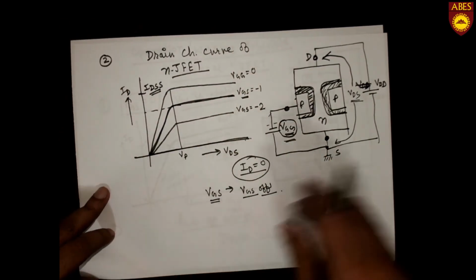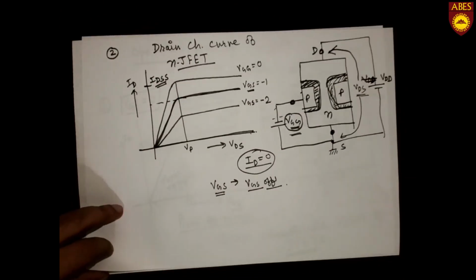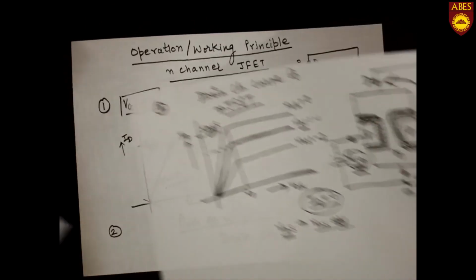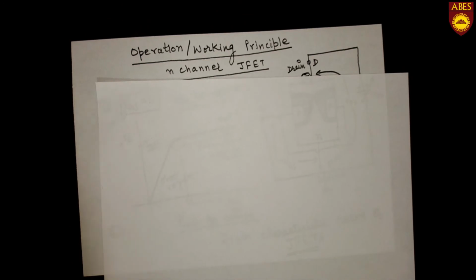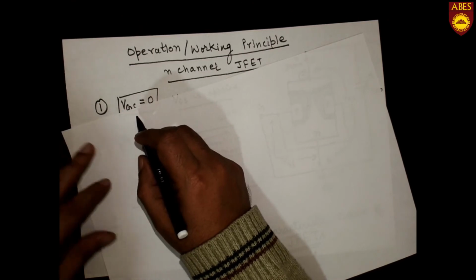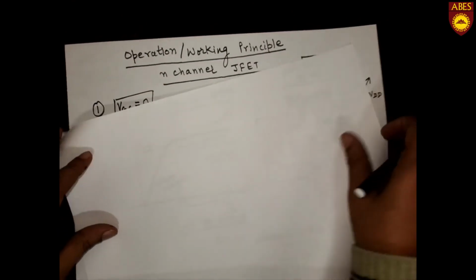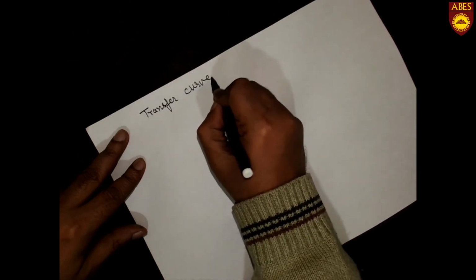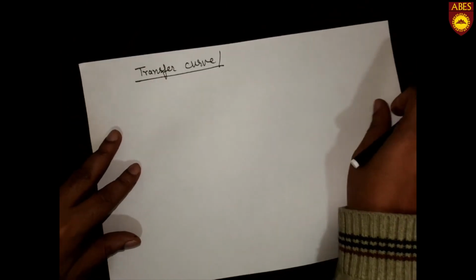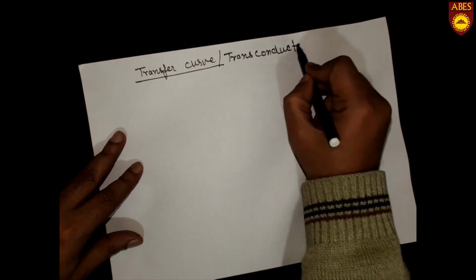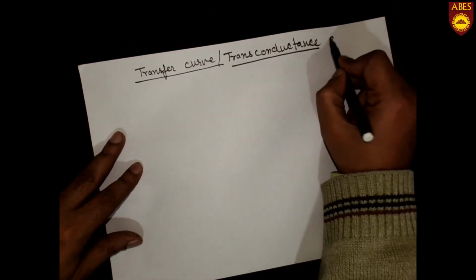And the second kind of characteristic curve which we are going to discuss now is the transconductance curve, or transfer curve.